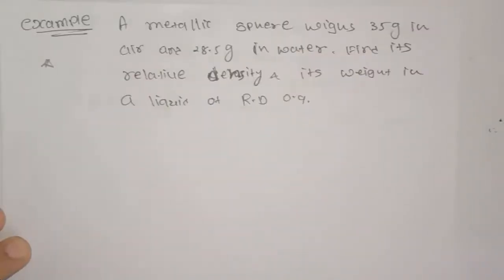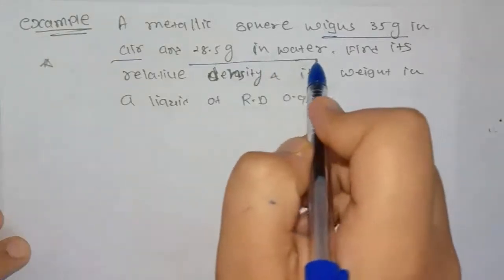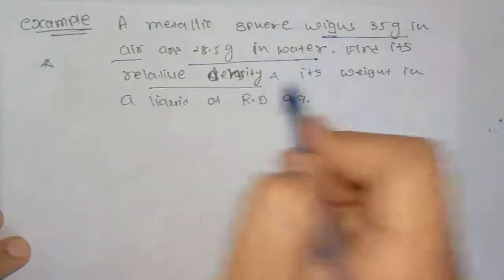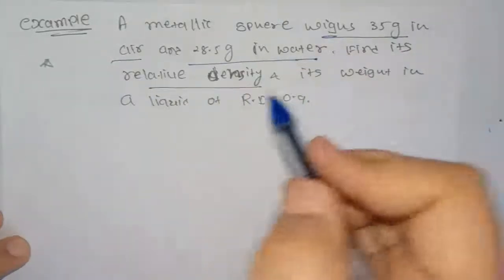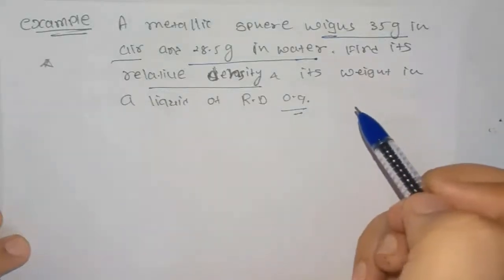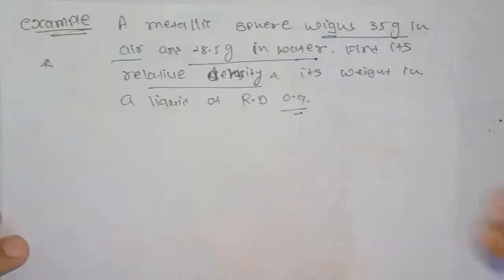In this example, a metallic sphere weighs 35 gram in air and 28.5 gram in water. We want to find its relative density and its weight in a liquid of relative density 0.9. First, let us find the relative density of body.